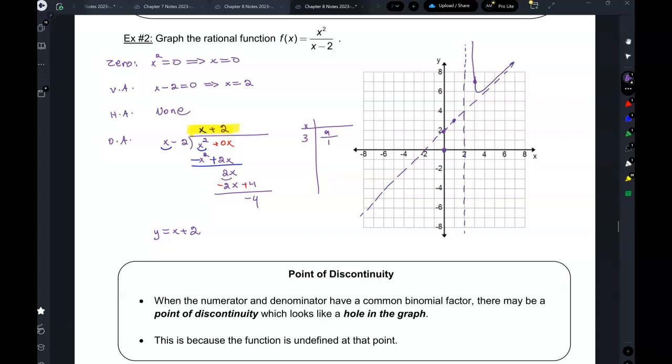Oblique asymptote, yeah. Now, here, do you see how it exits on the top, so it has to re-enter to the left on the bottom? Okay?